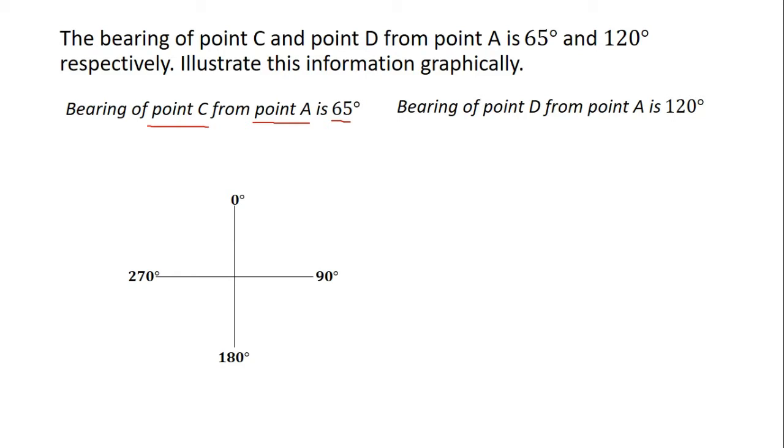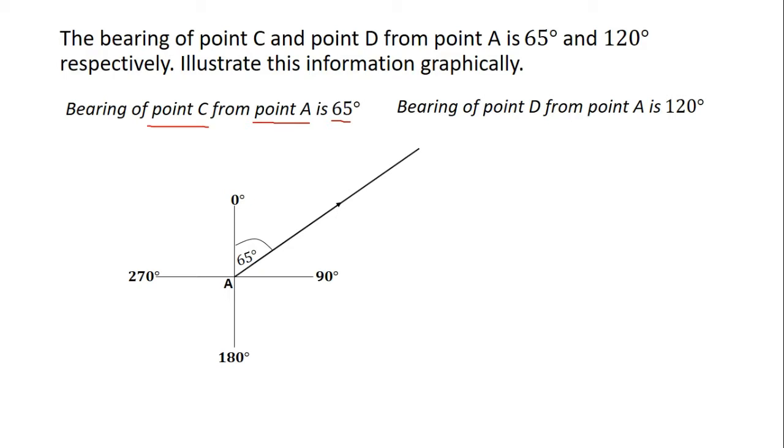The bearing of point C from point A is 65 degrees. We've done quite a number of these, so I'm sure that by this time you should be able to draw the first one. On this diagram, it will be illustrated with this line. So you measure 65 degrees from 0, since 65 degrees will fall between 0 and 90 degrees.